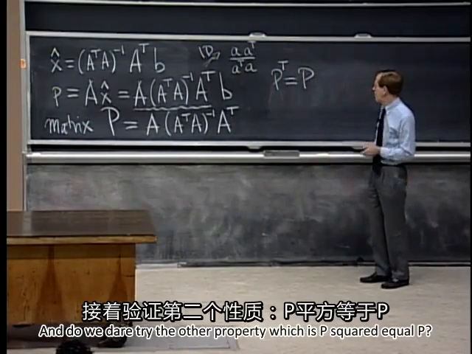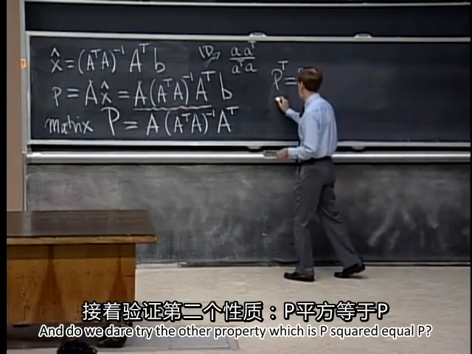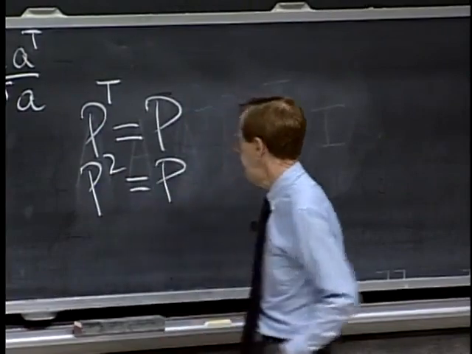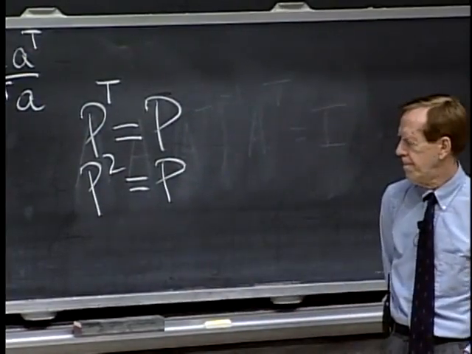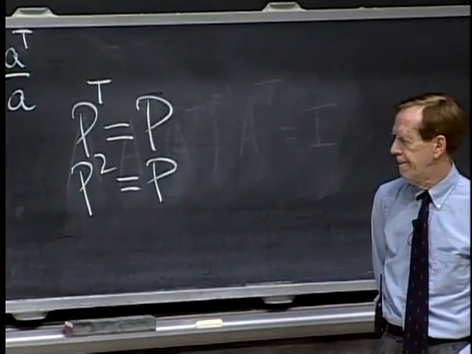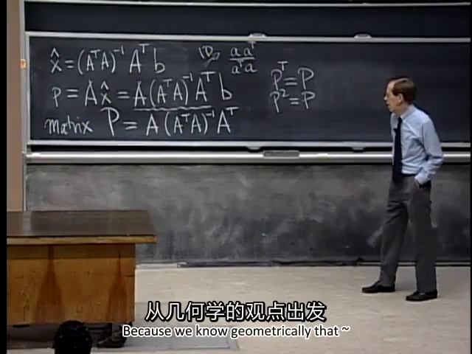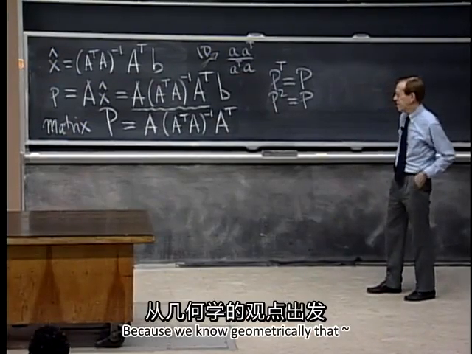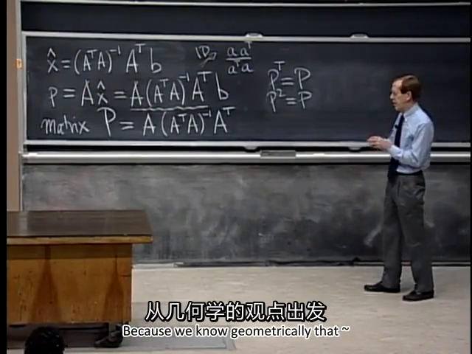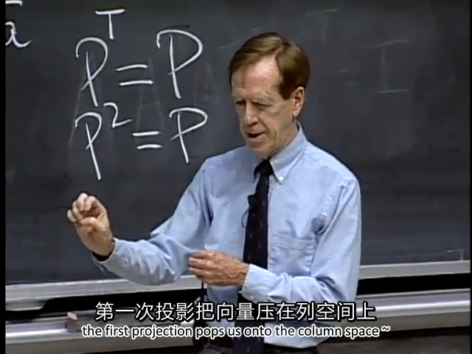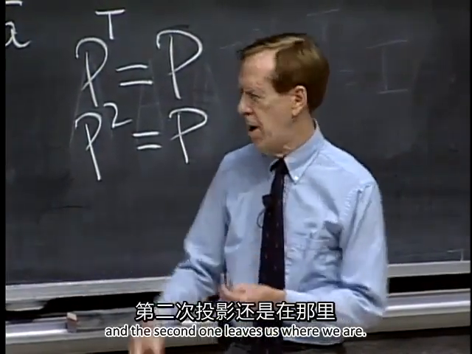And do we dare try the other property, which is P squared equal P? It's got to be right. Because we know geometrically that the first projection pops us onto the column space, and the second one leaves us where we are.